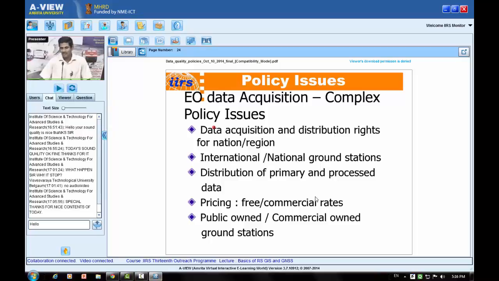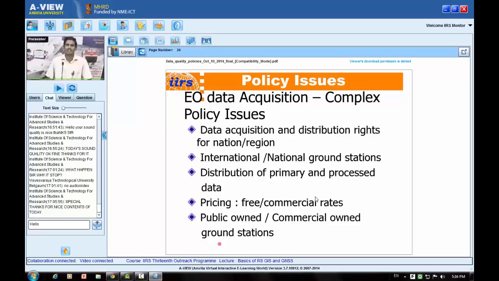And some of the satellite data, micro data, is very expensive. So there are so many issues, starting from how you acquire from the satellite and store it, then process it and distribute it, and distribute with the pricing for academic purpose, research purpose, commercial.